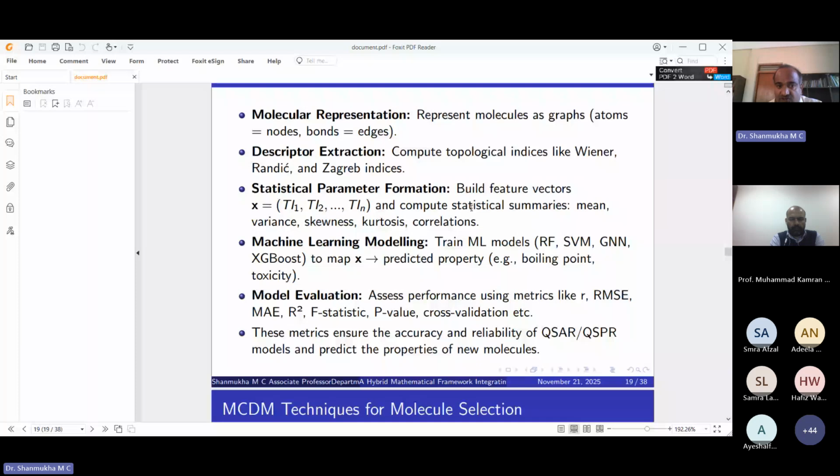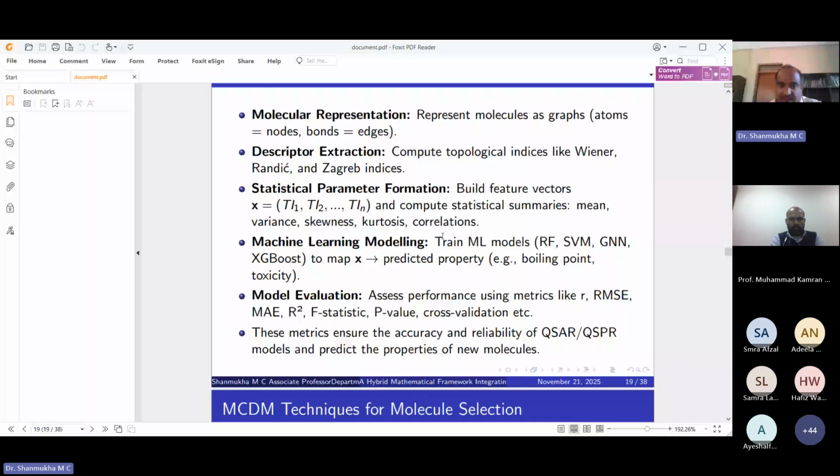So build feature vectors. We consider X is equal to the first index, second topological index, third topological index, and so on. And compute statistical summaries. Statistical summaries include mean, variance, skewness, kurtosis, and correlations.